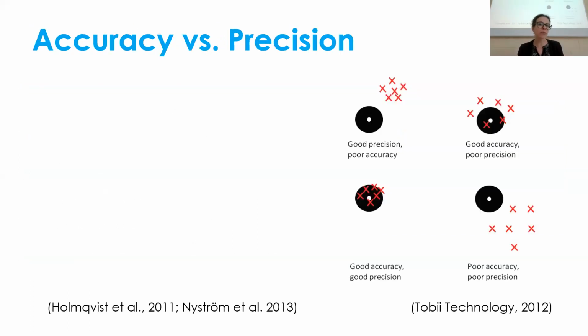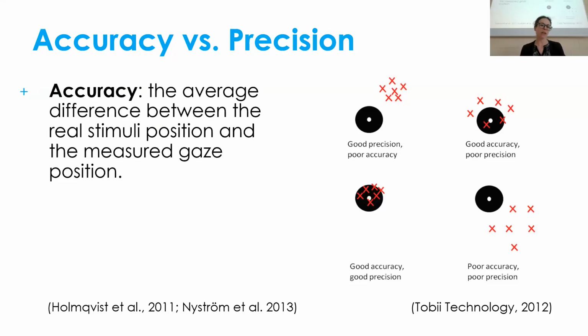Two related concepts: accuracy and precision. We're probably all quite aware of what accuracy is, perhaps less so about precision. So let's look at both. Accuracy is defined as the average difference between the real stimulus position, which in our examples here is represented by the white dot, and the measured gaze position, so where the eye tracker thinks your gaze is.